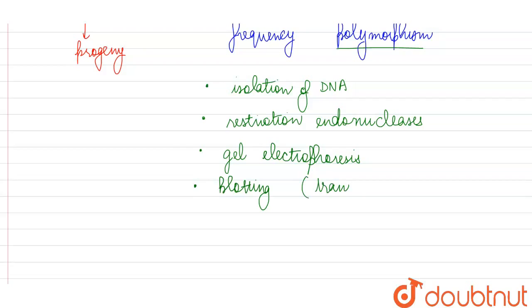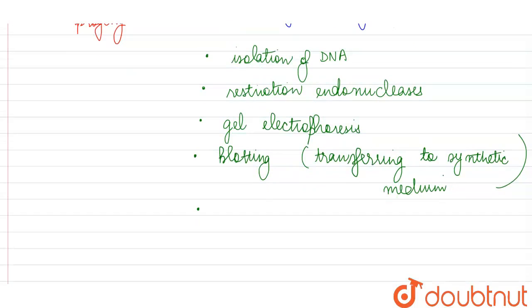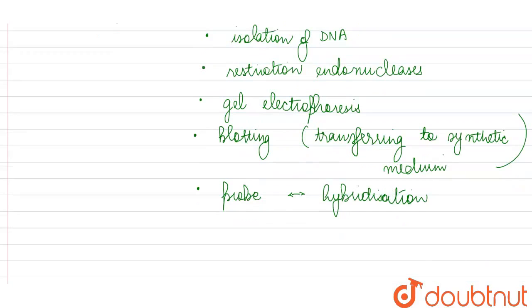That means we are going to transfer the DNA fragments to a synthetic medium such as nitrocellulose or nylon, and finally by using a satellite DNA as a probe, we are going to allow this DNA fragment to hybridize with the probe, and after hybridization is done, we can view the hybridized DNA by autoradiography techniques.